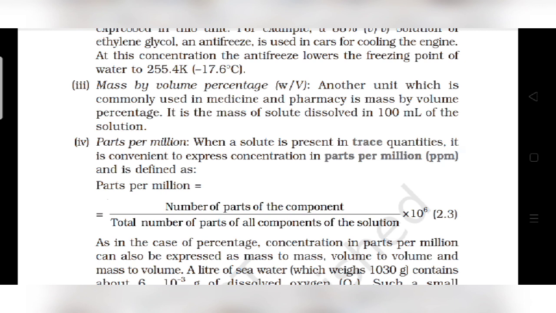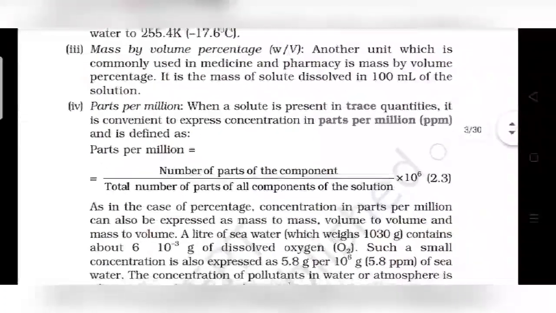There are three measures of concentration units. Let's discuss the fourth one, parts per million, ppm. It is defined as when a solute is present in trace quantities. What do you mean by trace quantities? A very little amount of solute is present.